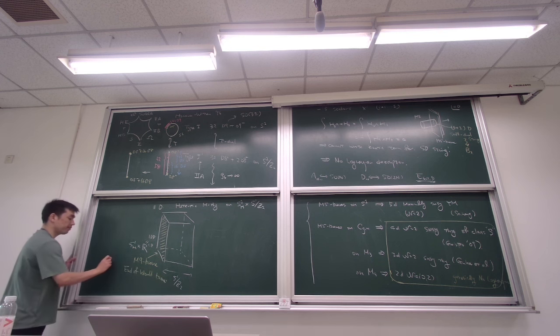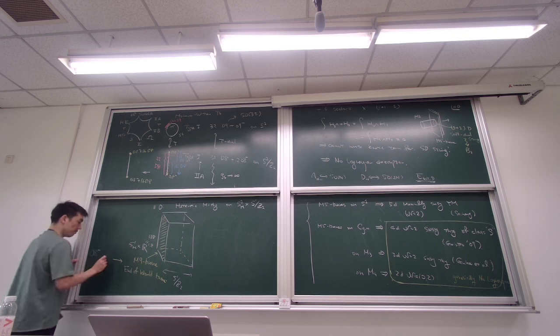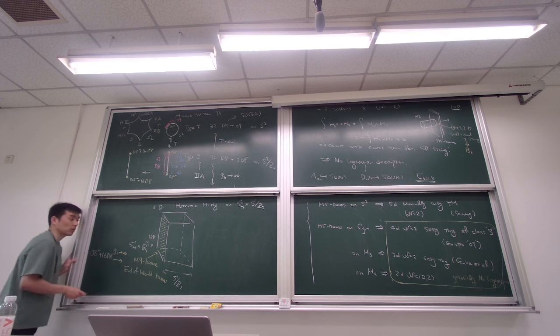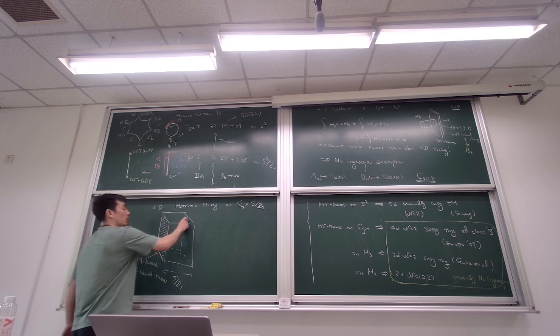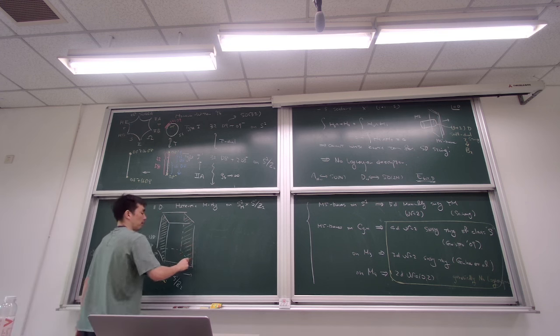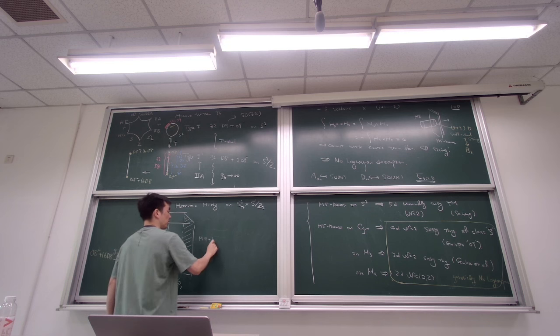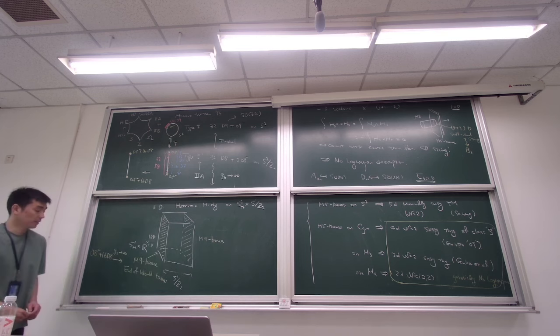So this is the M theory lift, in the g_s to infinity limit, of O8 minus plus 16 D8. The other side also has an M9 brane.